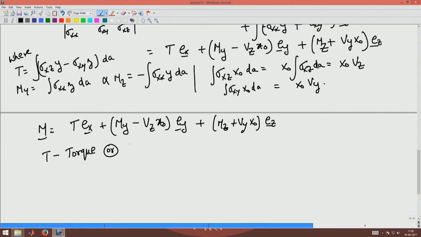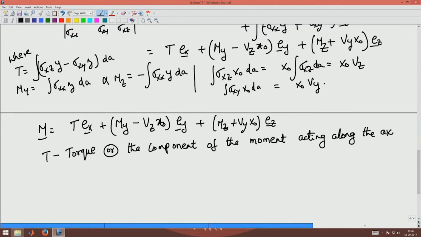or the component of the moment acting along the axis of the member.